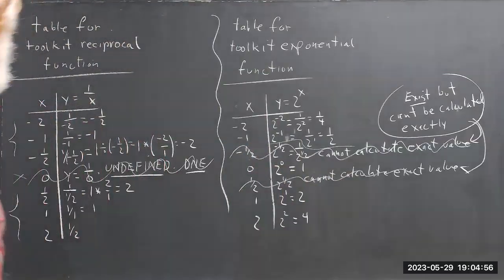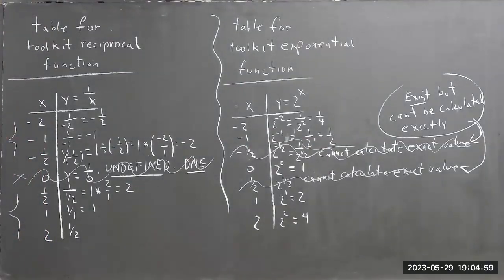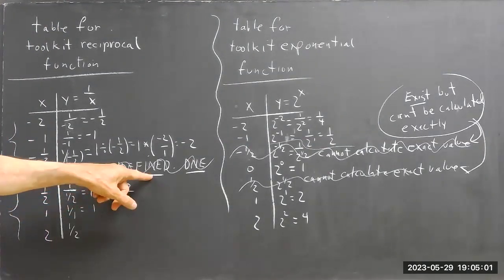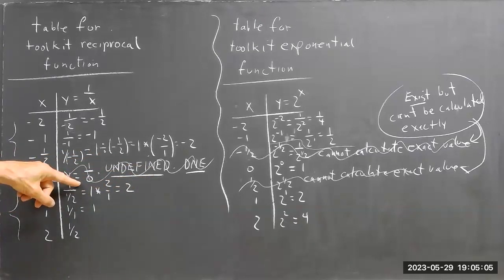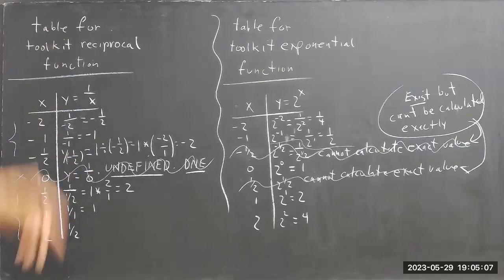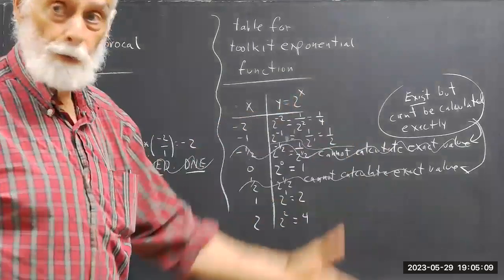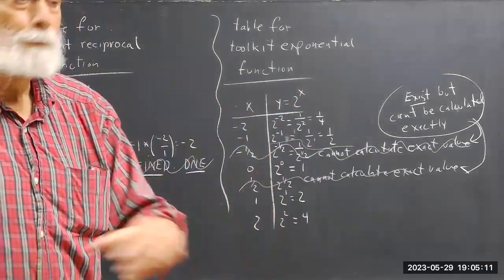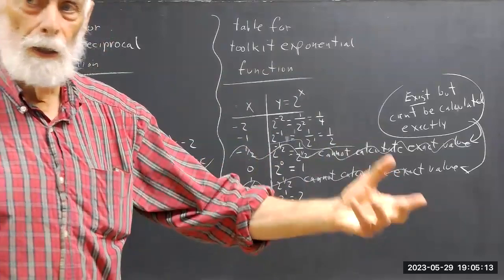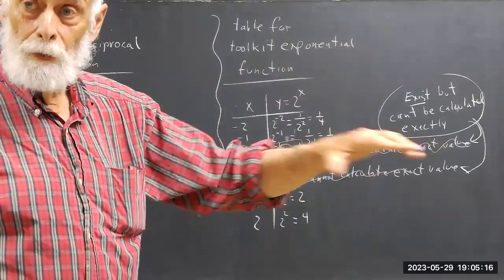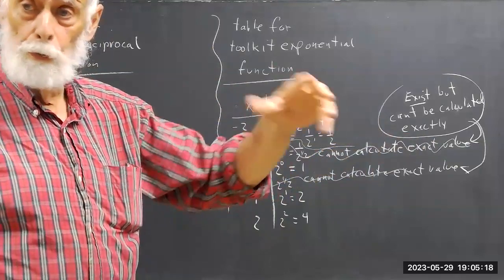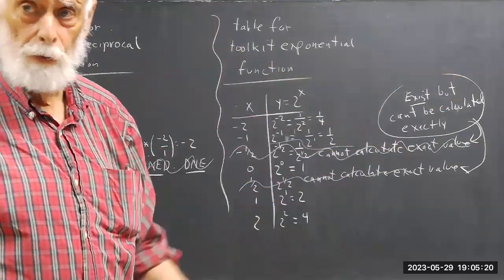Okay. So, important distinctions. 1/0 is undefined. It cannot be defined and be consistent with the rest of arithmetic. No. 2 to the 1/2, yeah, it's defined. It exists. Proving that is well beyond any lower division undergraduate math course, the first 2 years up through calculus and differential equations.